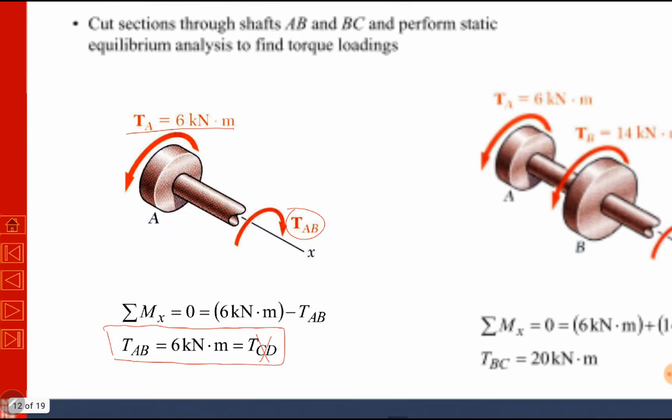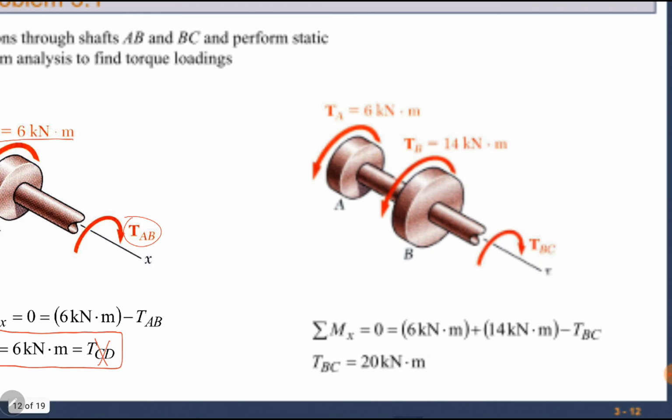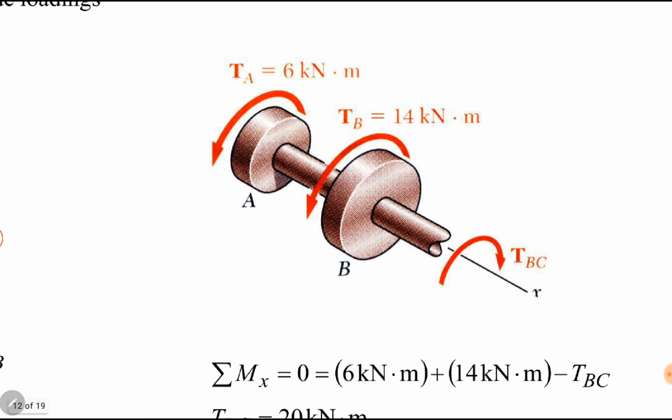Similarly, if we section the shaft between B and C and draw it from end A, at end A we have an applied torque of 6 kilonewton meter. At pulley B, it is given in the problem statement TB is 14 kilonewton meter. Here is an unknown torque at the point of section, TBC.